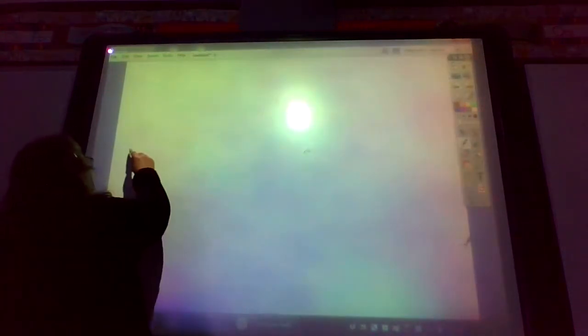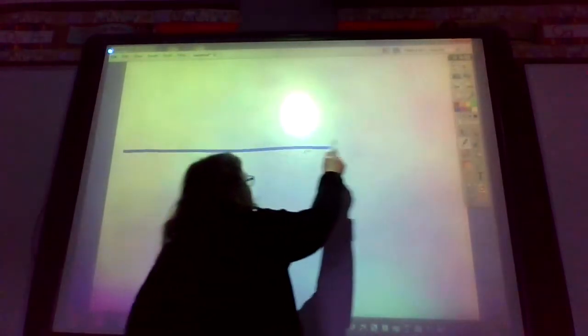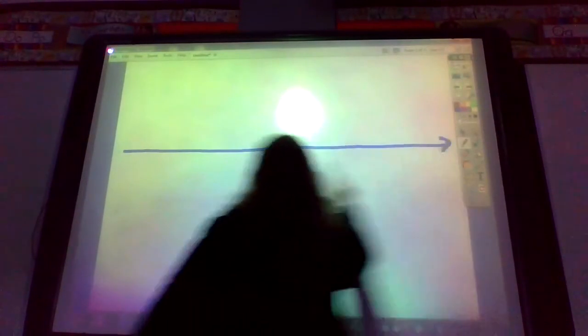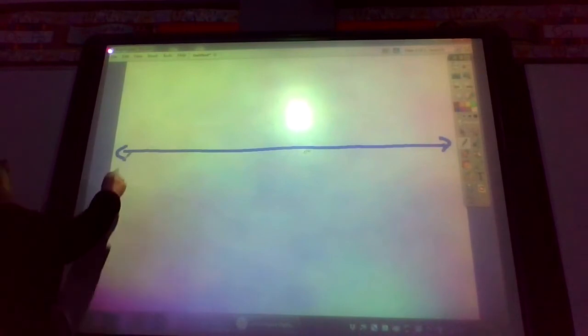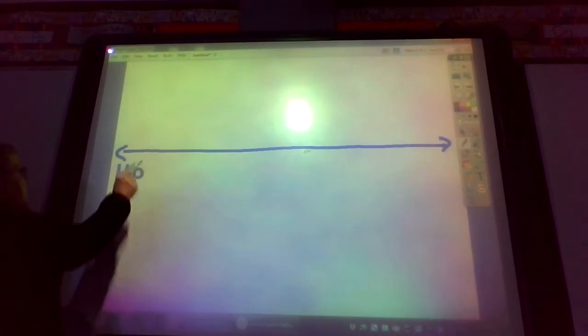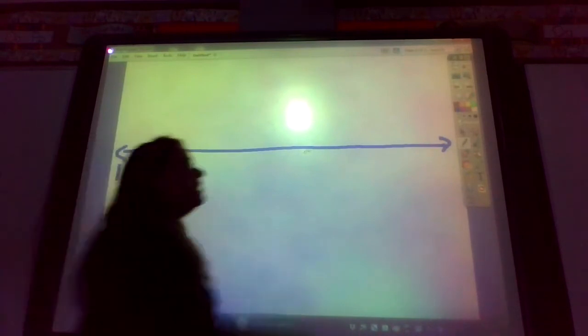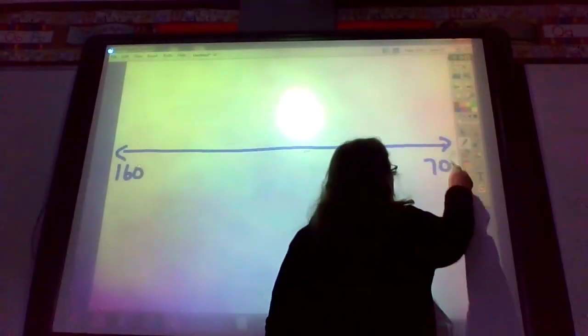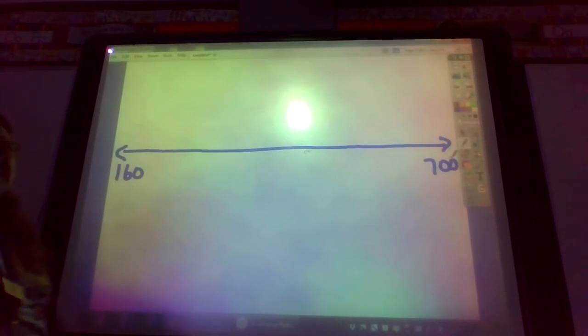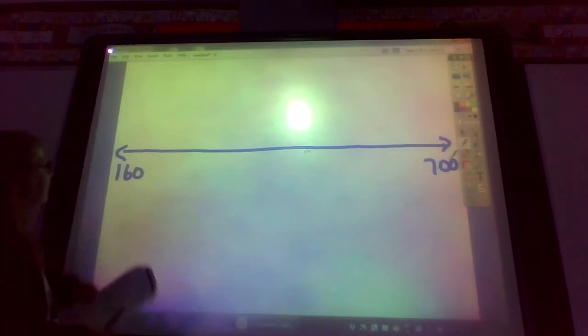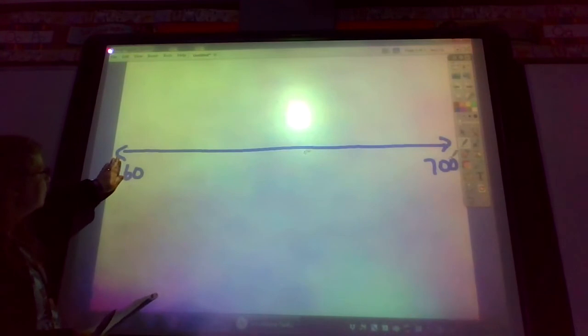Okay, let's do number 3. Here's my number line. I'm going to start at 160, and I have to go to 700. Wow, that's long. 160 to 700. Well, if I look at this number, if I don't look at the 1, I know 60 is a tens number, so I'm going to do some 10 hops.